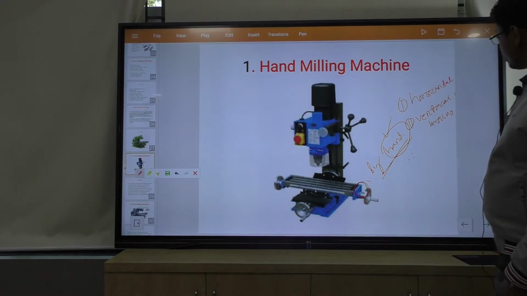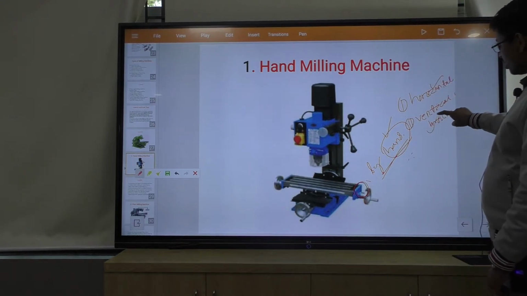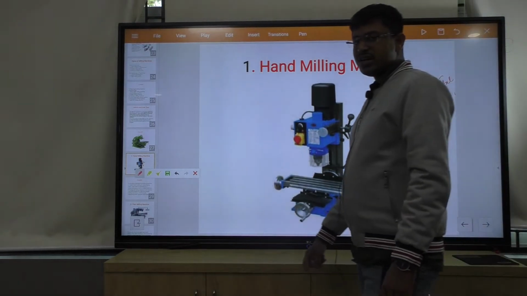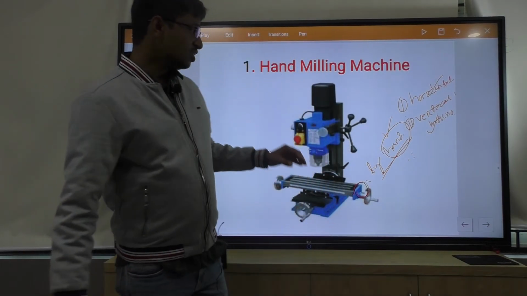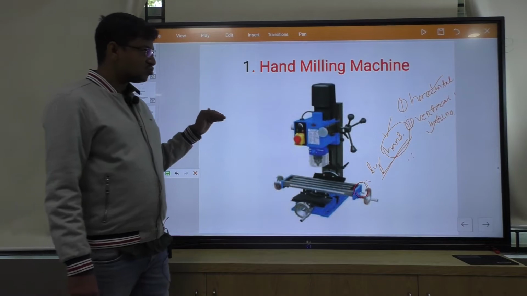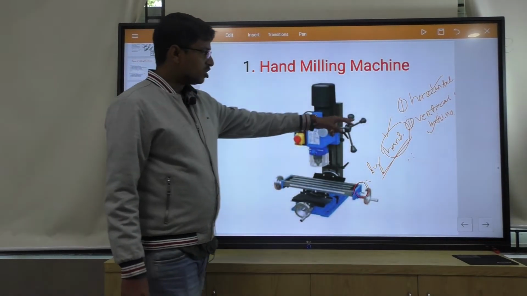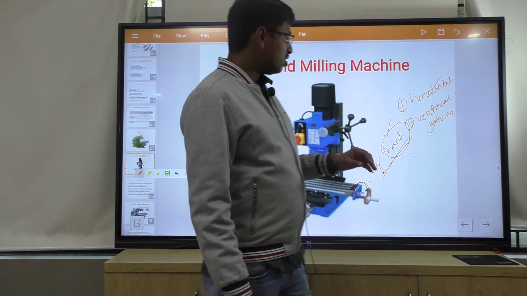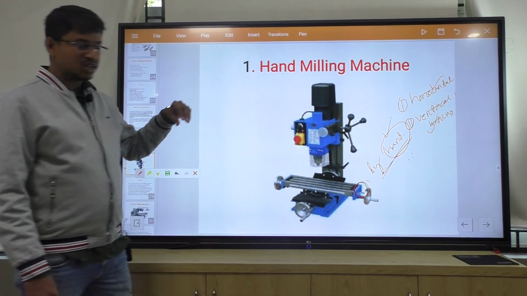What is the difference between horizontal milling machines and vertical milling machines? In horizontal milling machines, an arbor is used for holding the cutters, but in vertical milling machines, the spindle is used for holding the cutter.